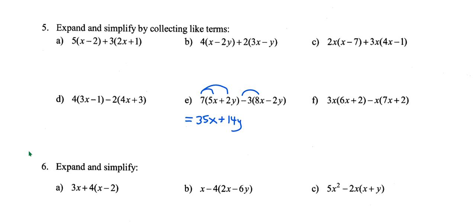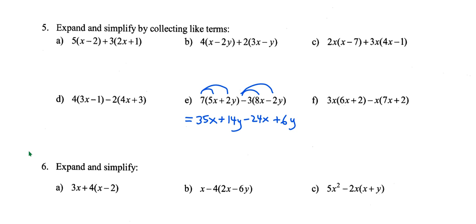This number in front is negative. The negative goes with the term. So we have negative 3 times 8x. Negative 3 times 8 is negative 24, and now I have an x. And then I have negative 3 times negative 2y. Well, negative 3 times negative 2 is going to be a positive 6. And so I have positive 6y.